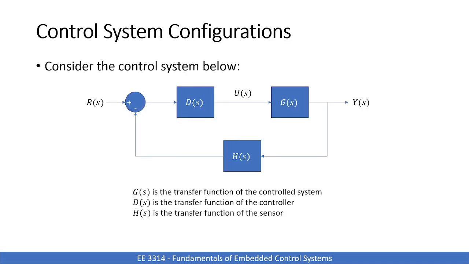Okay, so let's consider this control system below. This is a very general control system, right? G of S is the controlled system, D of S is our controller, and H of S is the transfer function, which in physical systems we usually consider to be the sensor. In the case of our room temperature example, that's maybe the thermostat.